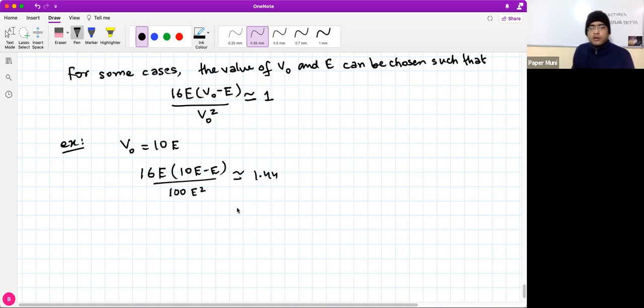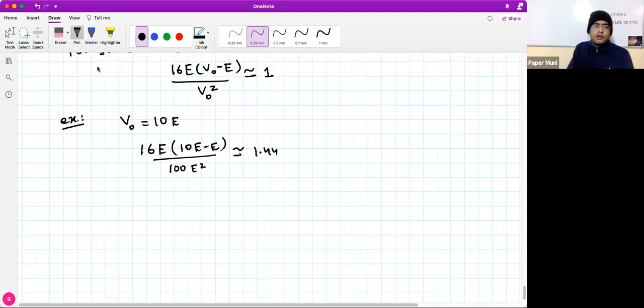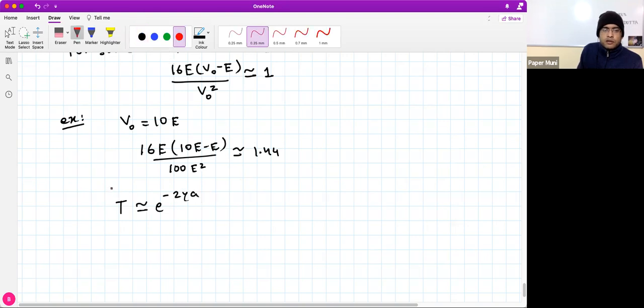So this approximation looks good for our situation. Finally, T is approximately equal to e to the power minus 2 gamma a. This is a cute looking expression.